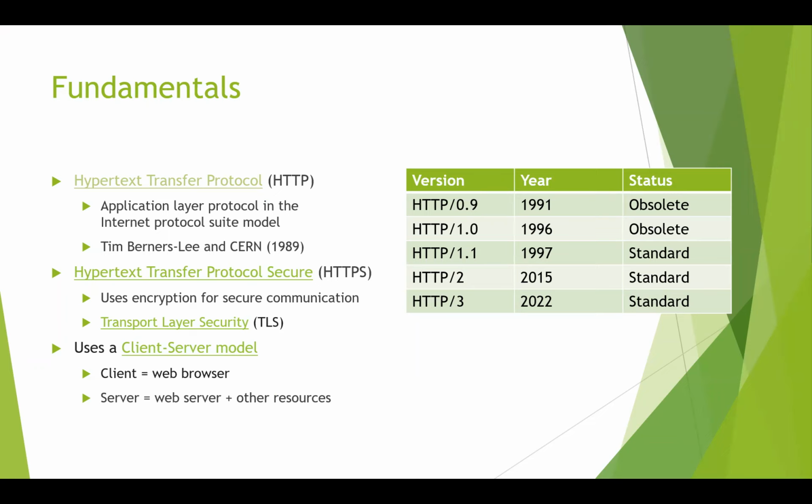Further refinement from 1.1 to 2 allowed for some improvements in the compression of the metadata that was sent between the client and the server. And then lastly, HTTP 3 focuses not on the TCP protocol, but rather uses the UDP protocol, which represents a functional shift in the interaction between the client and the server.